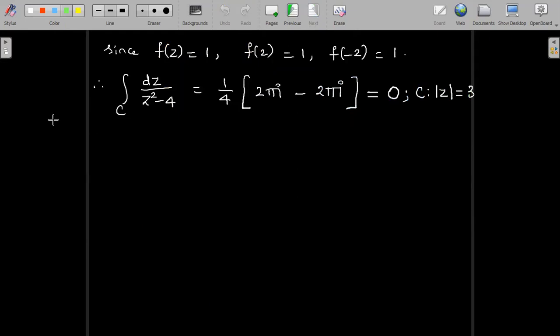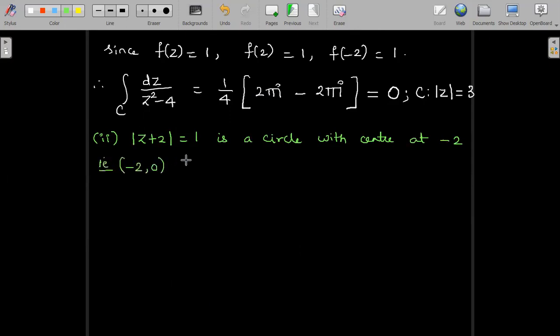So let us first talk about that particular circle. So second one, modulus of z plus 2 is equal to 1 is a circle with center at a is equal to -2 and radius equal to 1.